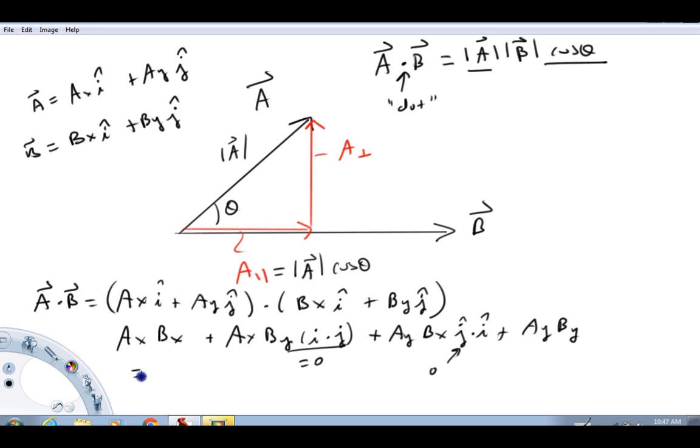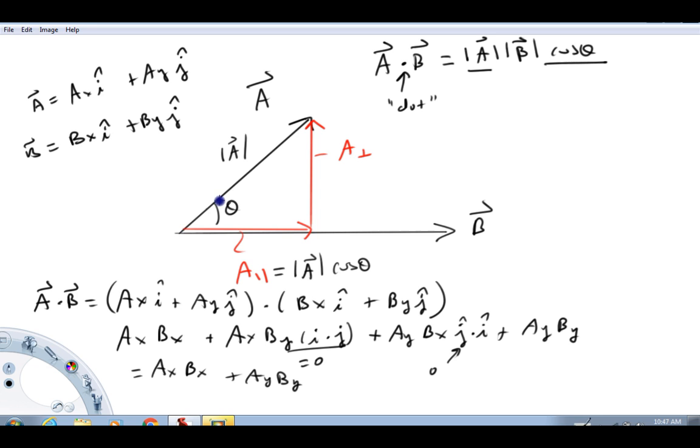So this ends up equaling just AX BX plus AY BY. I did this in two dimensions just to keep it short, but if this had an AZ k and a BZ k, you would just have another term here, AZ BZ.